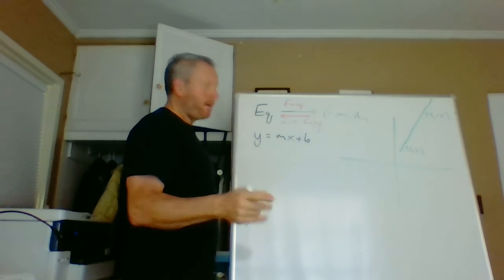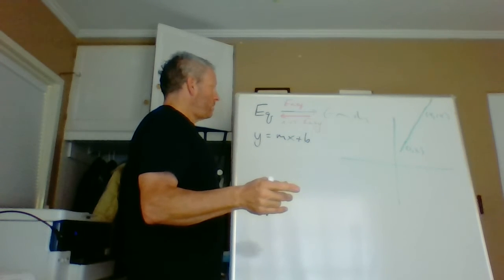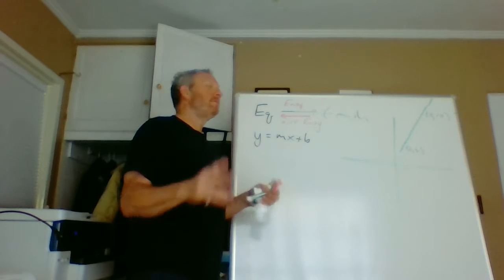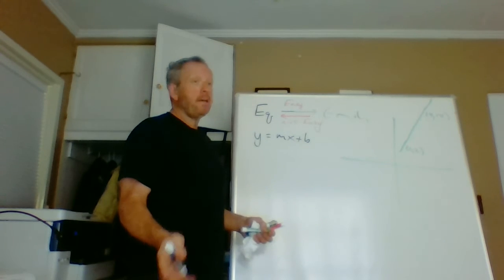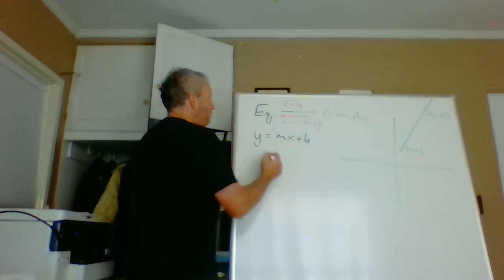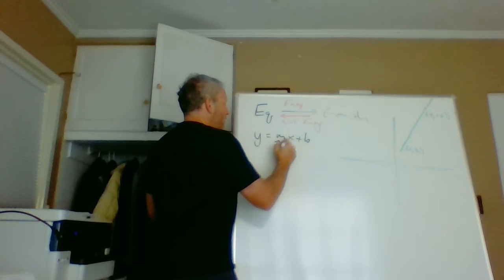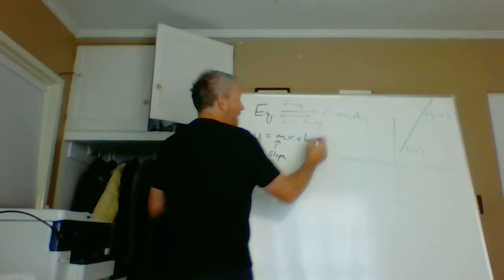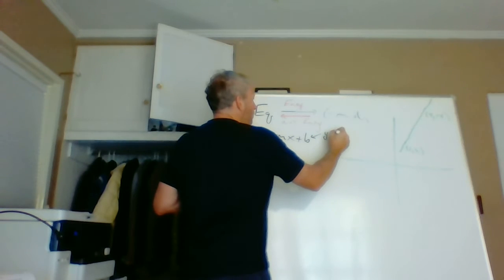So y equals mx plus b. The equation of any line, okay, there's one exception, we'll talk about that, but the equation of any line can be written in the form y equals mx plus b, where m is the slope I discussed in the video the other day, and b is the y-intercept.